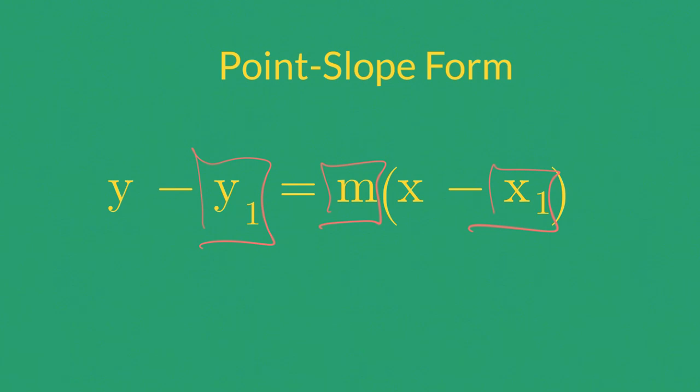So that's why you see the sub 1s on some of those x's and y's, because that is where you're going to plug information in. The other y and the other x that don't have anything with them are going to stay y and x. Any questions about point-slope form? Does everybody have it down? Okay, because we need to be able to reference that.